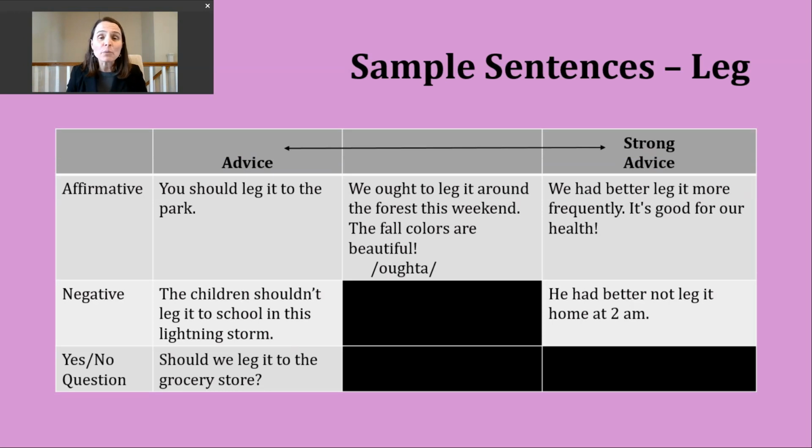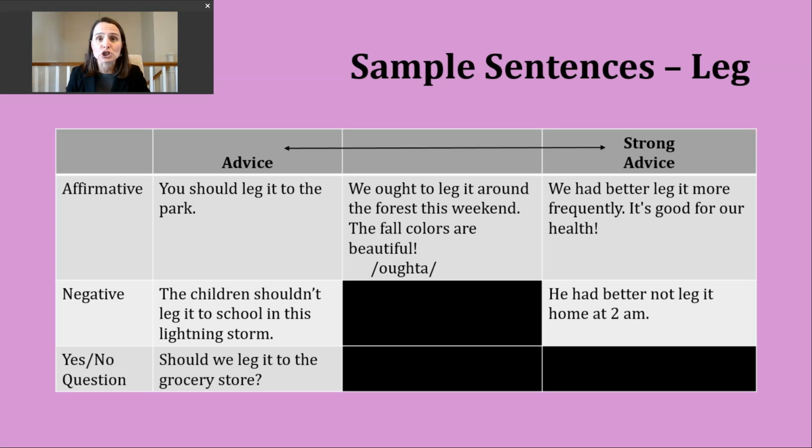A second way is through the phrase ought to and then our base verb. And then our third way to give advice is with had better. So we'll take a look at each one of those. And what I hope you'll notice from the graphic on my screen is that the way in which we give advice can be strengthened.